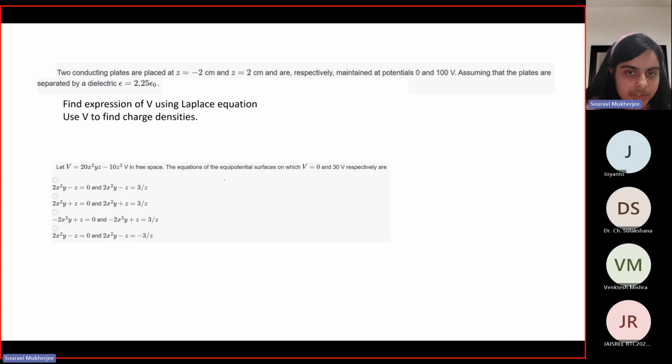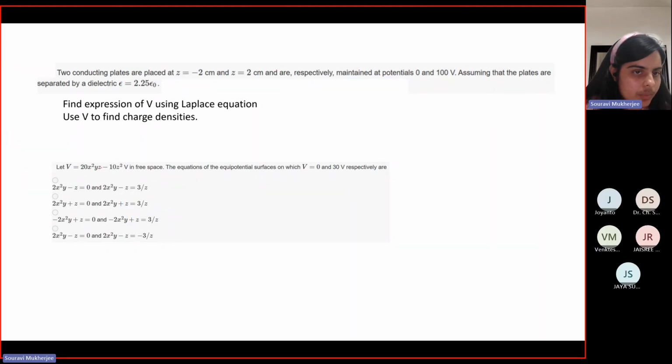In the first case, you put 20x square yz minus 10z square equal to 0, and then you can take 10z as common. Z cannot be equal to 0, so the general form will be 2x square y minus z equal to 0 for the first case. For the second case, again you equate the expression of V to 30 and do a similar simplification. These two give us the equations of the equipotential surfaces at two values of potential.